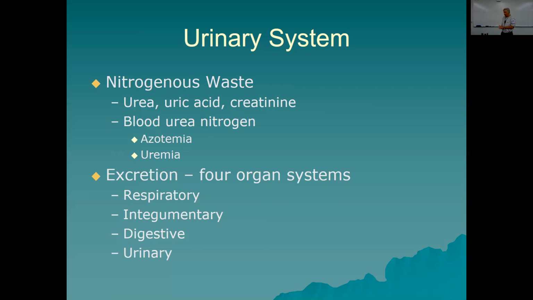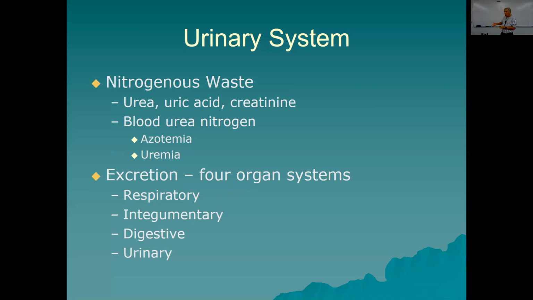There's also uric acid, and it comes from the breakdown of nucleic acids. Both of those molecules have nitrogen. And creatinine, which is a breakdown of creatine phosphate, which is a molecule in your muscles that you break down when you want to get ATP really quickly. So it's almost a storage form of ATP.